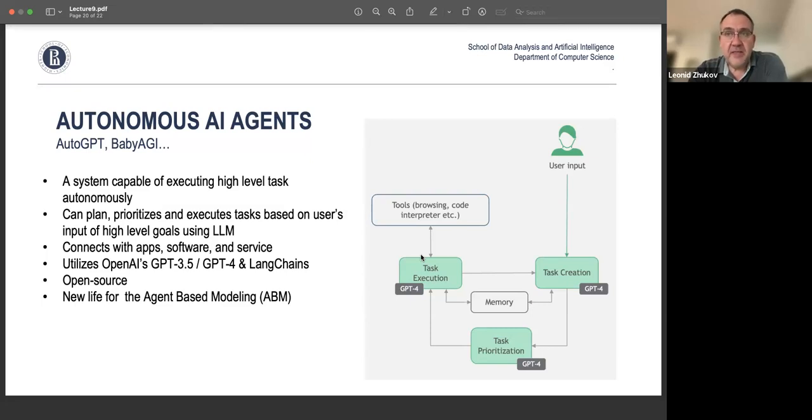You probably need to add some memory so that the agent will remember the state. And then you can execute, for example, by connecting to external tools. So that is a very popular topic right now. There is software like AutoGPT, Baby AGI, and others. All this is put together through LangChain.